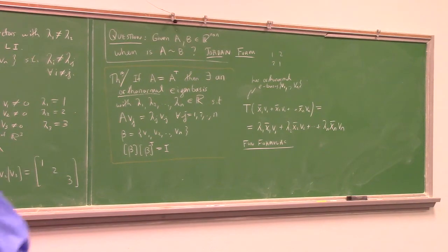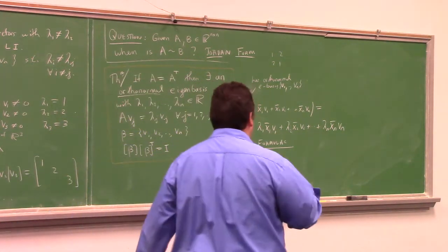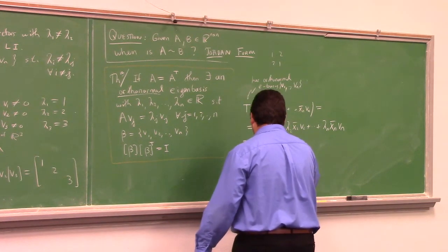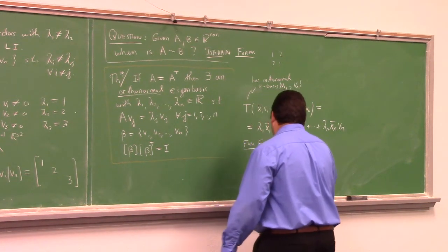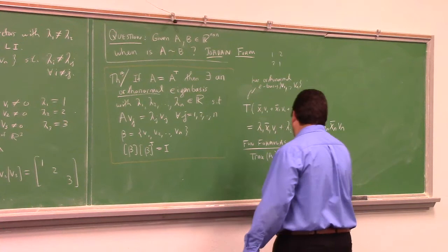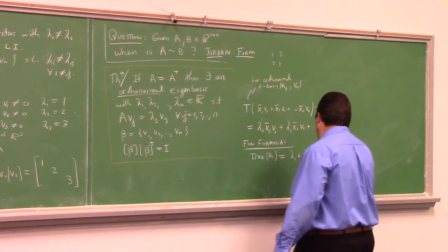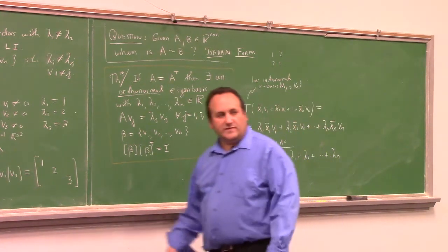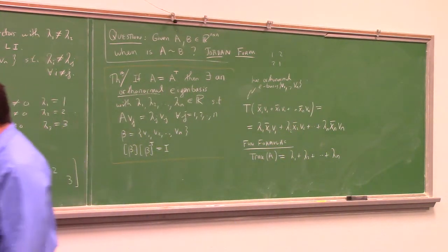So first of all, do you guys know what the trace is? Yeah, the trace of the matrix A is the sum of the diagonals, and it's also the sum of the eigenvalues, actually. So the trace is the sum of the eigenvalues.